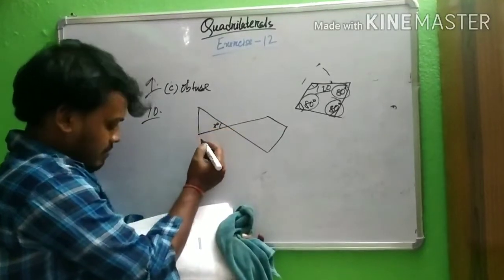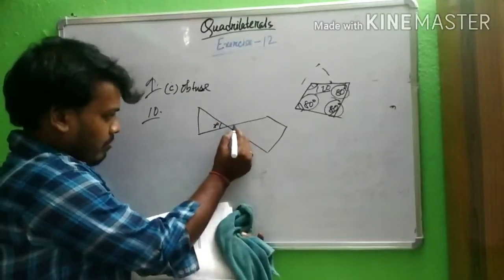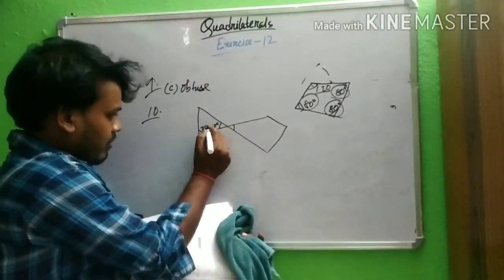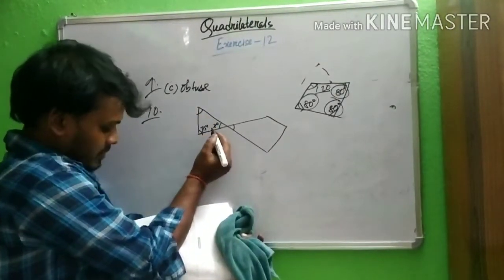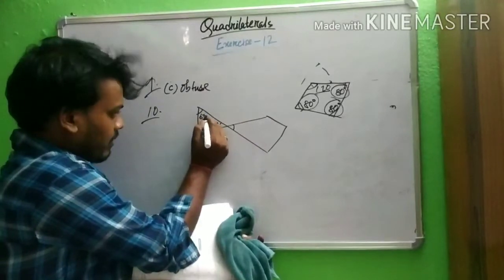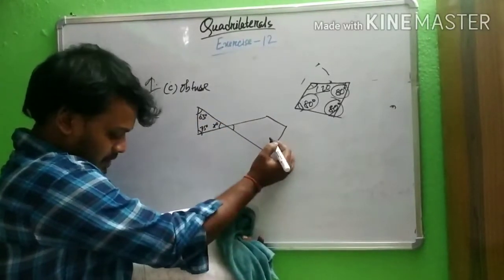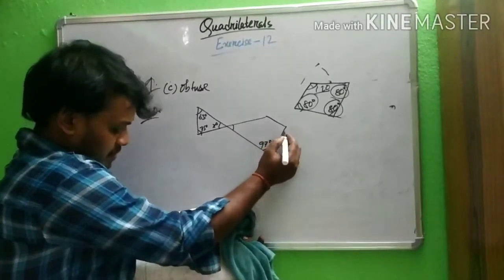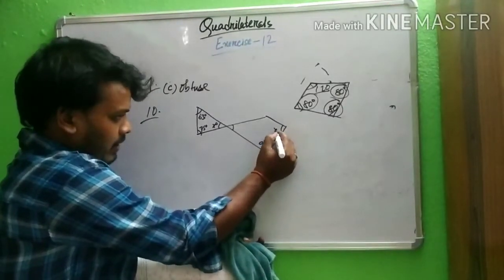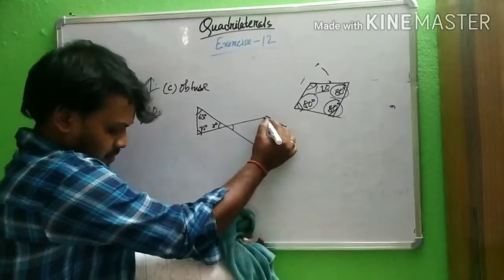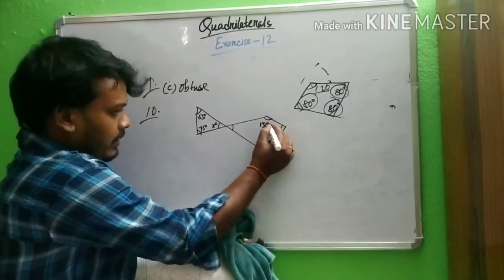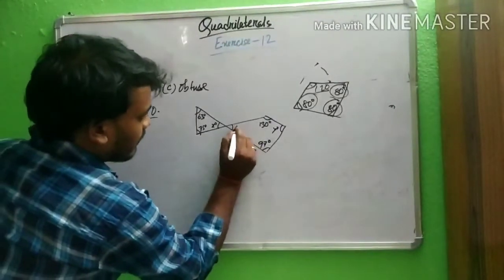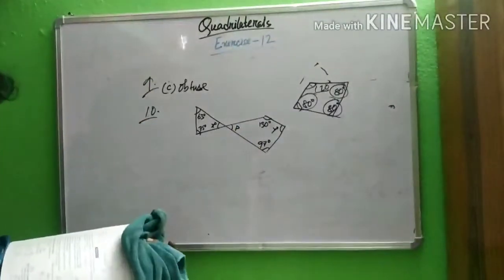X degree, 75, 63, 97, y degree, 130. Okay, so let this be P. So what is the question?